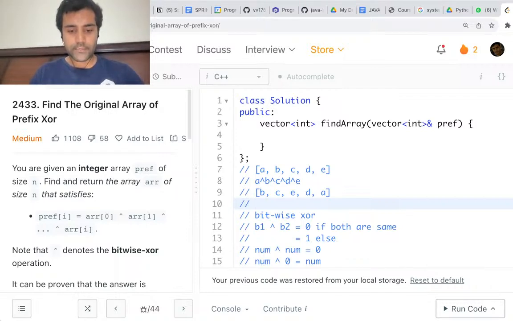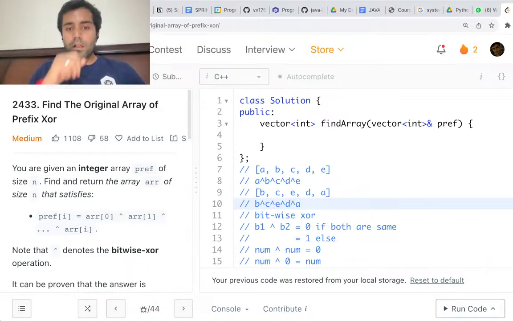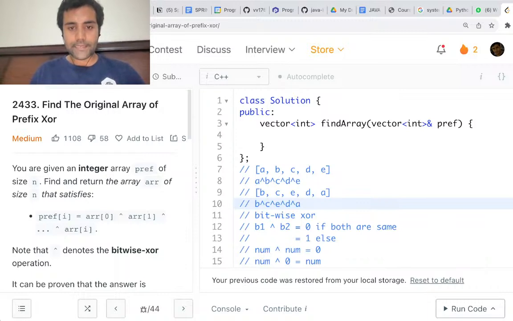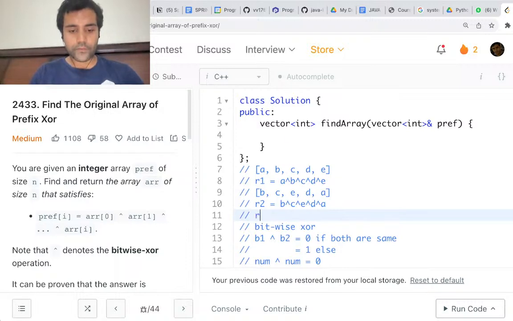The result will be B XOR C XOR E XOR D XOR A. Call the first thing result 1, and the second thing result 2. Now if you take the XOR of result 1 and result 2, can you tell me the answer? What will be the XOR of result 1 and result 2?